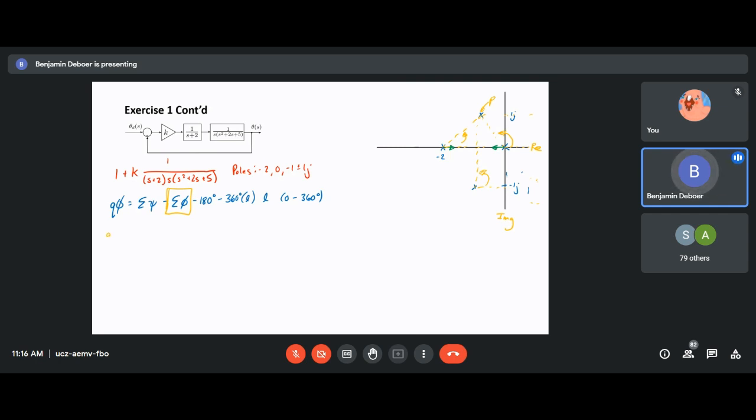So we'll start out by going the angle of this, the departure angle is equal to 0. And then minus, in this case of this angle, this is 180 minus the tan inverse of 2 over 1. And then we look at this angle here.